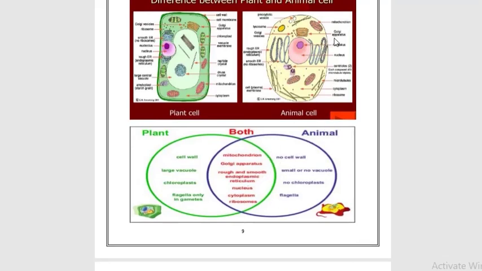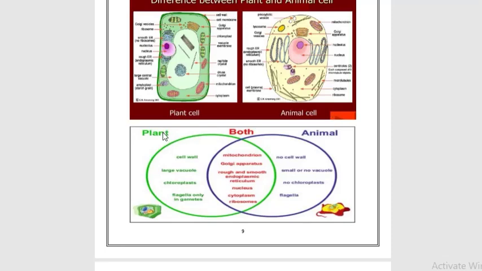An animal cell may have flagella, and the meaning of flagella is to facilitate the movement of cells. A plant cell has no flagella.